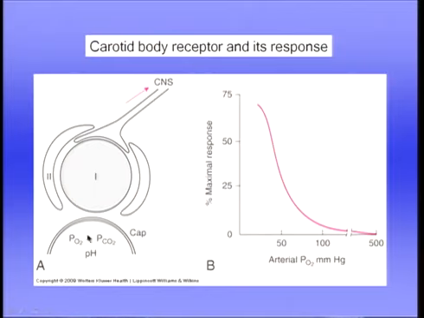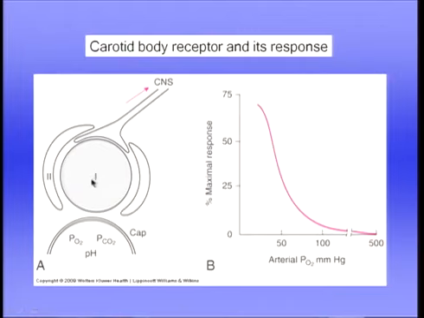The carotid body has a very high blood flow, one of the highest blood flows in relation to its mass of any organ in the body. Having said that, the mass is very small, but the blood flow in terms of the mass is very high, and so the carotid body chemoreceptor responds essentially to the arterial PO2. It doesn't matter too much what the venous PO2 is, it's the arterial PO2 because the blood flow is so high, plenty of oxygen, and so it's the arterial PO2 that governs the response.